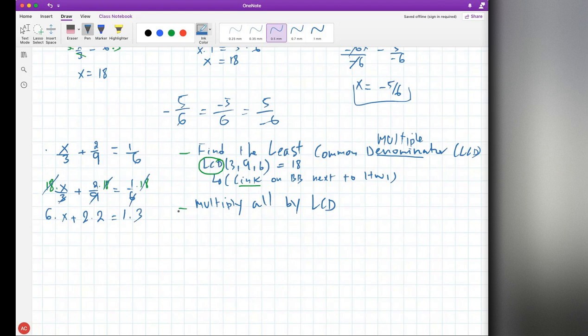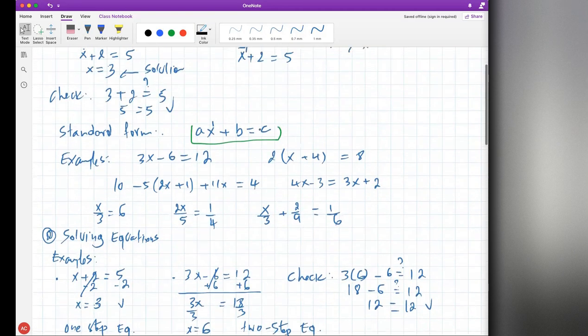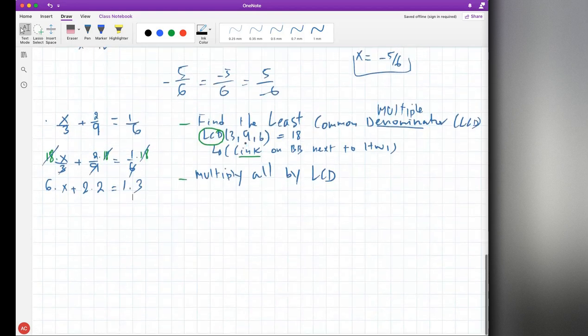So all the fractions are gone now. We had a bunch of fractions, they're all gone. The rest is pretty simple. This is the standard form, if you remember, 6x plus 4 equals 3. Once you cancel the fractions, they look like that. So we turn this into this, and the rest should be pretty simple.